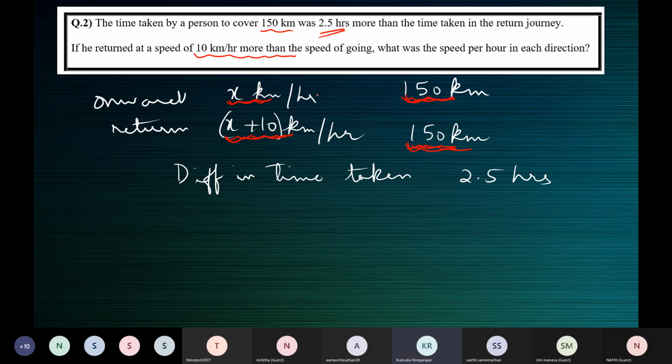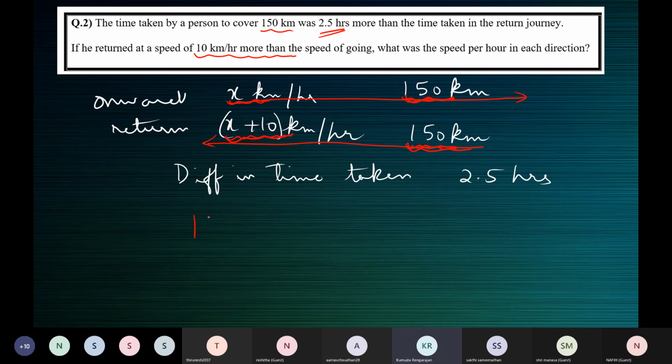For this journey onward, he takes 2.5 hours more. For this return journey, he takes 2.5 hours less. So where does he take more time? For the onward journey. The difference in time taken is 2.5. Like if onward journey he took 12.5 hours, return journey he takes only 10 hours.